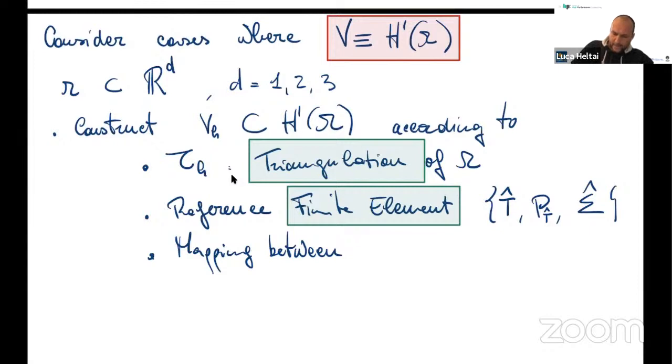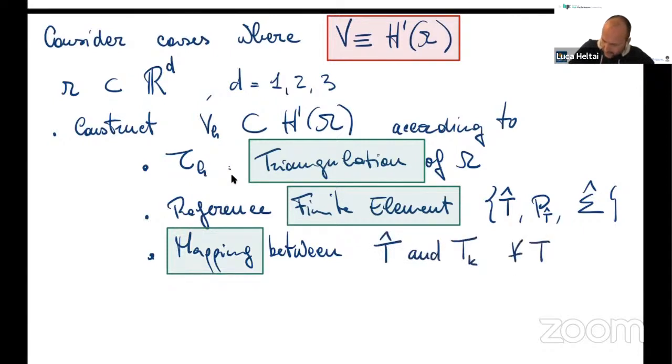And the mapping, also something that needs to be implemented in the code, the mapping between T hat and TK for every EK in the triangulation tau h.